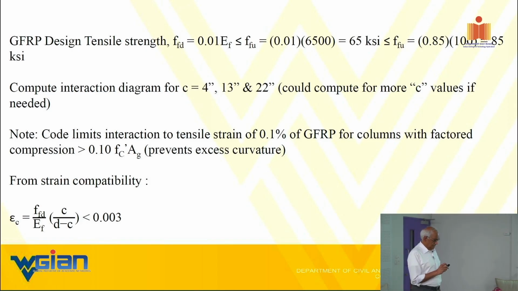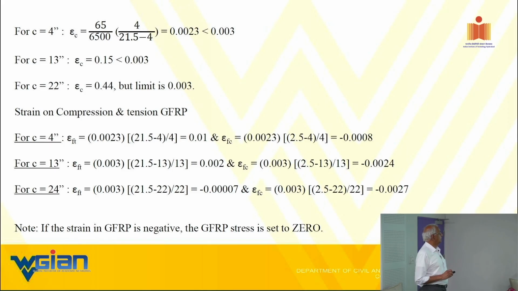So again, my limitations are two-folded. One is I cannot exceed 0.1. Another is this. Yes. Yeah, I cannot exceed both. So what I have done based upon the strain compatibility, see this strain compatibility equation, right? Yes. From that, what is the strain at 4 inches, epsilon C at 13 inches.